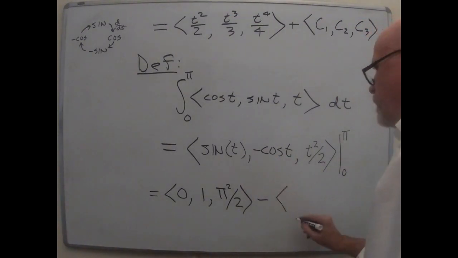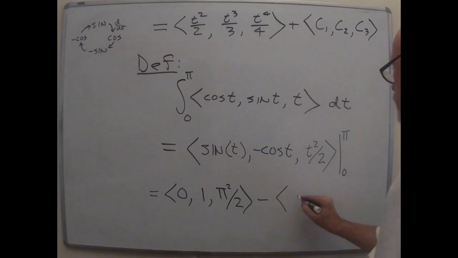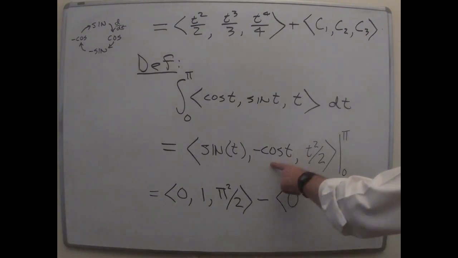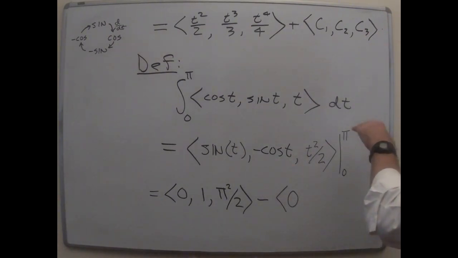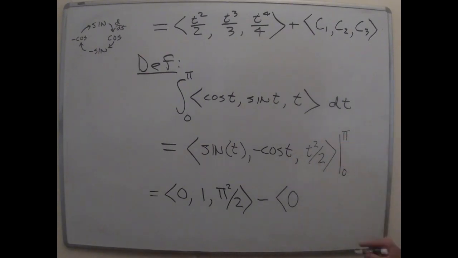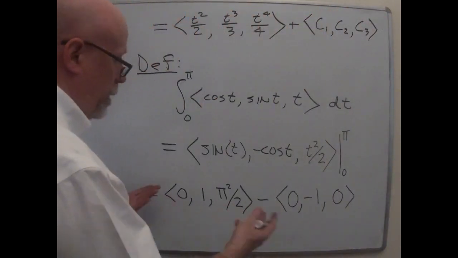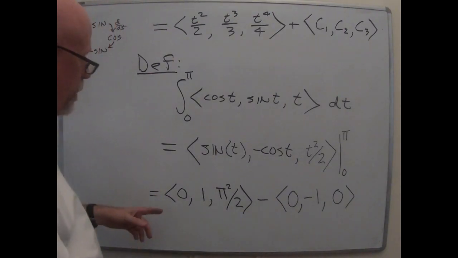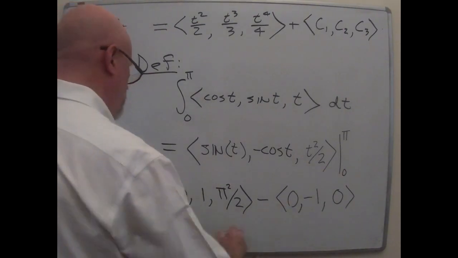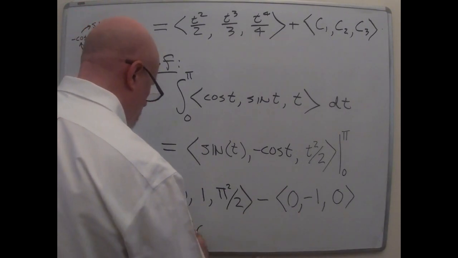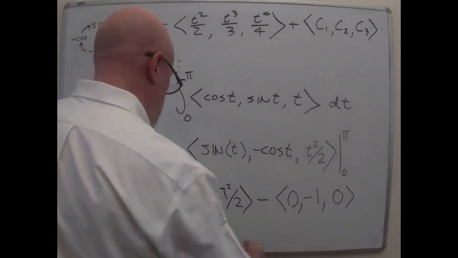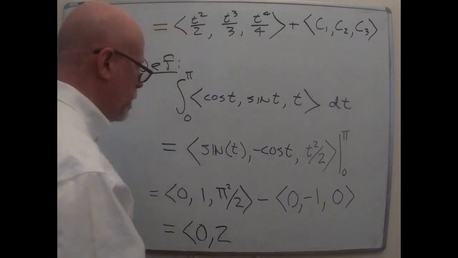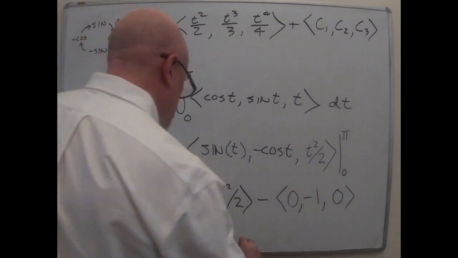Sine of 0 is 0 too. Negative cosine of 0, cosine is 1 at 0, so that's minus 1. And 0 squared over 2 is 0. And finally, we can put these two together. We subtract: 0 minus 0, that's not interesting. 1 minus minus 1, we got a 2. Pi squared over 2 minus 0.